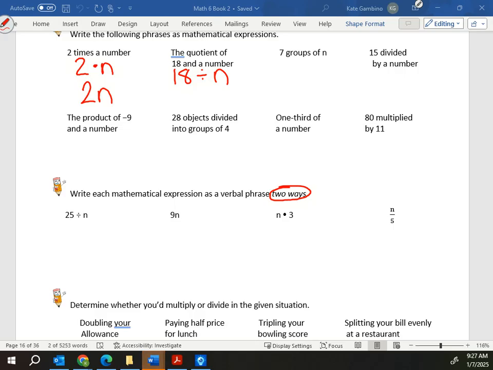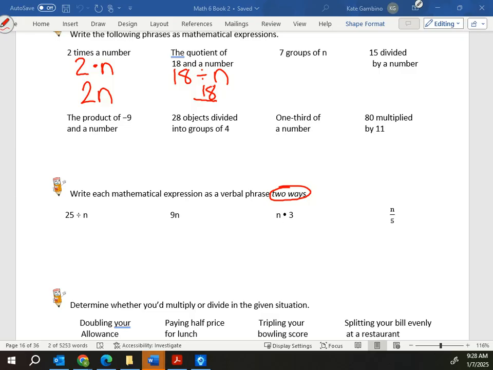Who remembers what else could mean divide that I could write this out as? Nolan, you think you remember? If it's 18n, that's telling me it's going to look like this, and that means we're multiplying, not dividing. Adeline? Super, super close. Adeline said over. Remember, that's using the fraction bar, but our first number goes on top.